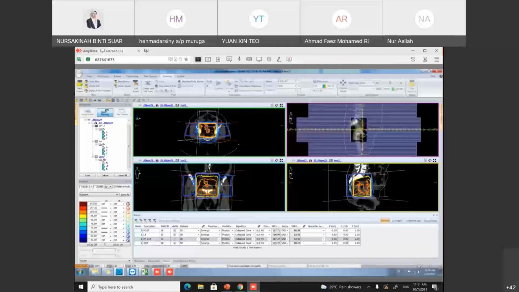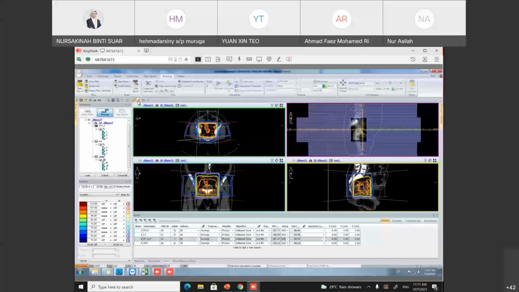The trick here is it doesn't mean all the beams you have to choose 6 MV. You can keep the anterior posterior at 6 MV, and then the left lateral and right lateral beams at 10 MV. As you can see, the separation between the anterior posterior just now is 24 cm, the lateral is 33 cm, 34 cm.